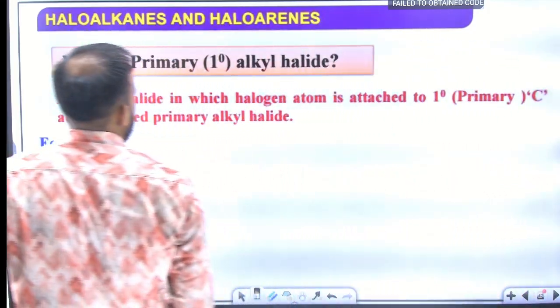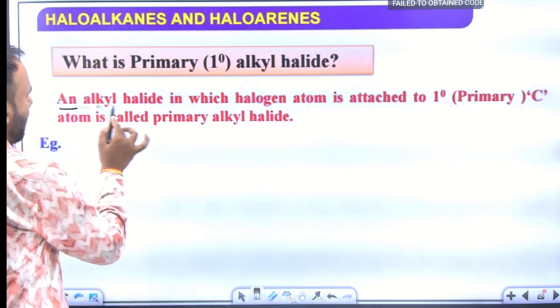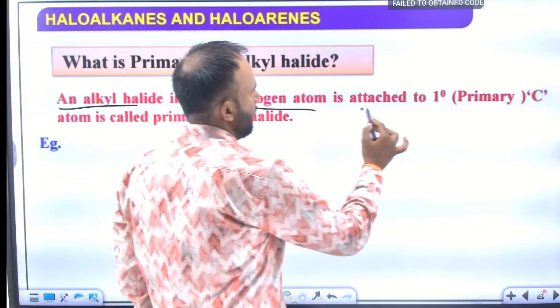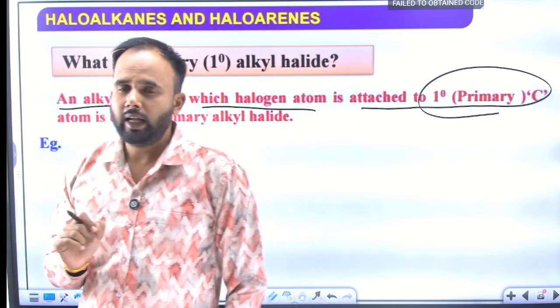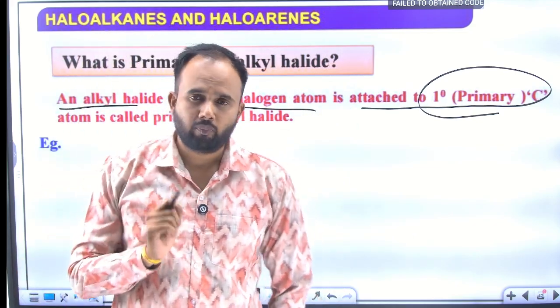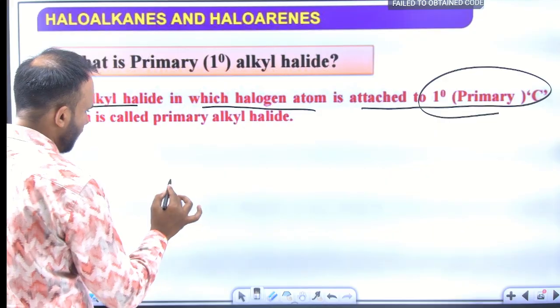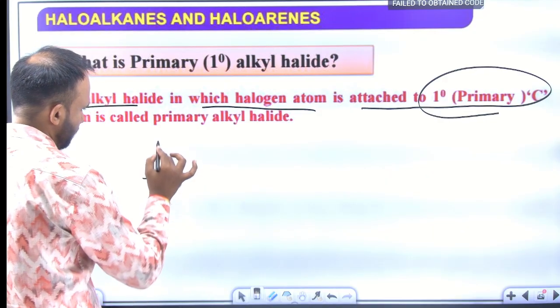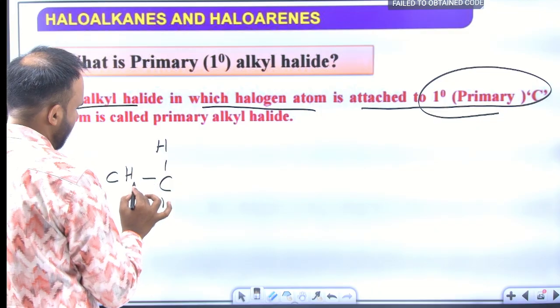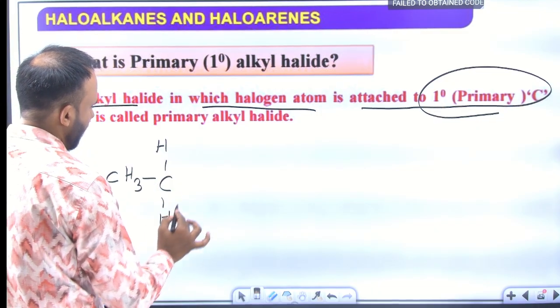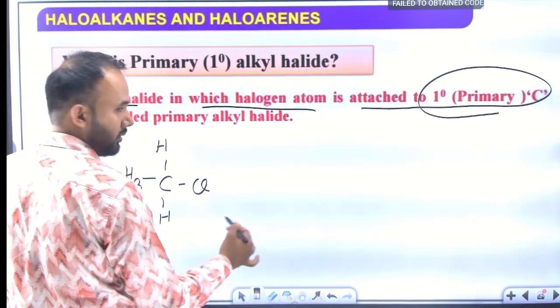First, primary alkyl halide: an alkyl halide in which the halogen atom is attached to a primary carbon. So see the example. Hydrogen, here I will take CH3, hydrogen and chlorine.